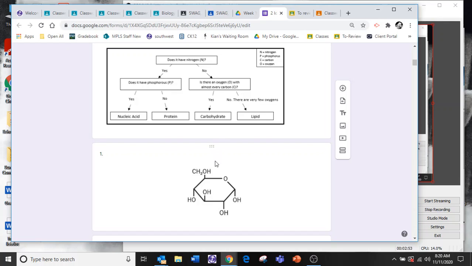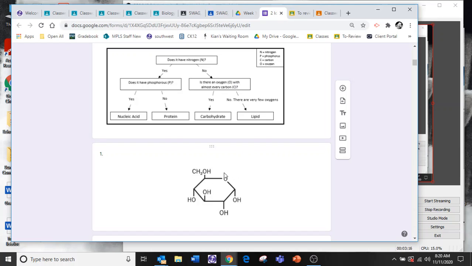Okay, so this is a tricky one. There's a carbon here. There's a carbon here. Remember, at every bend, there's a carbon. Carbon, carbon, carbon, carbon. It's just we don't show the C's there. Okay, so is there an oxygen with almost every carbon? Sure, there's a carbon there.